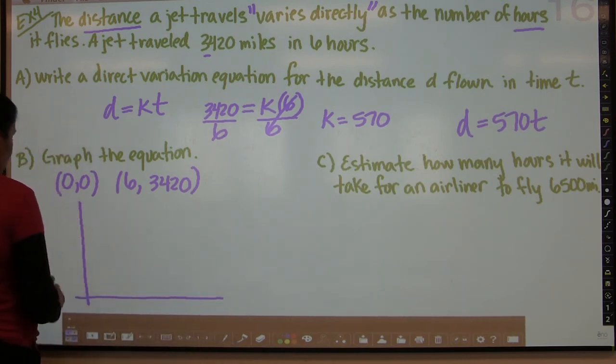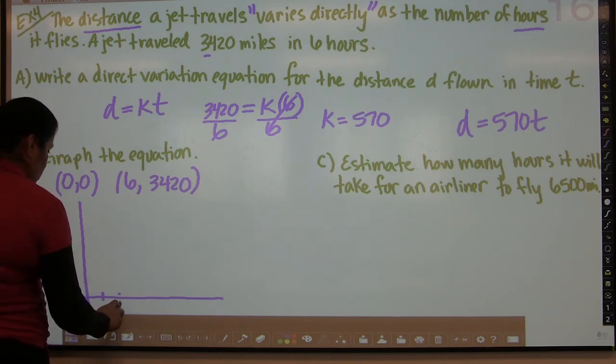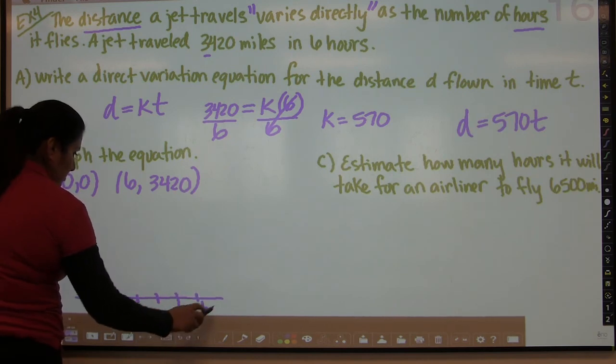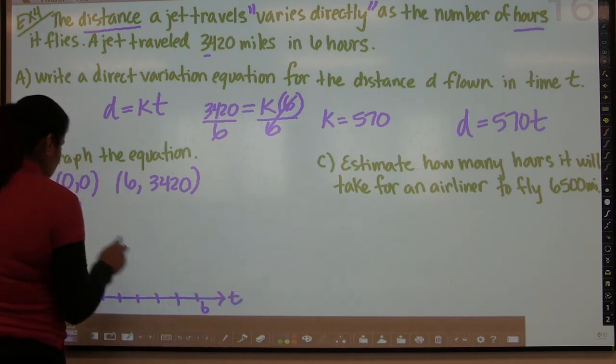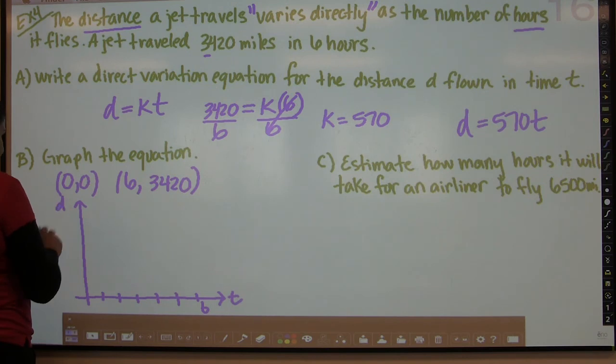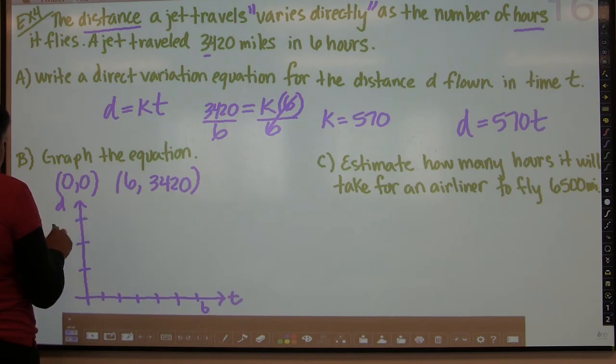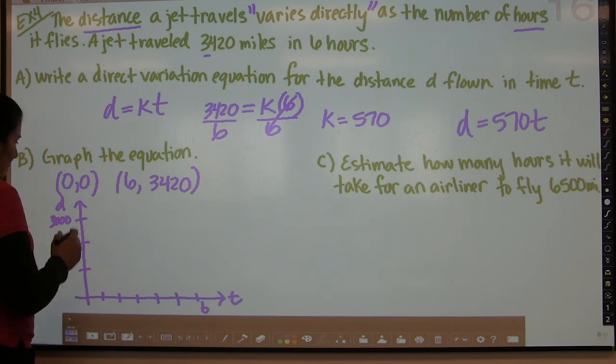So now I have 2 points, and I can actually graph this, kind of sort of in a way here. I'm going to basically go 1, 2, 3, 4, 5, 6 on my t-axis. And for distance, I'm going to go by maybe thousands. So we call that 1,000, maybe call this 2,000, call this 3,000. So 3,420 is a little bit above that.